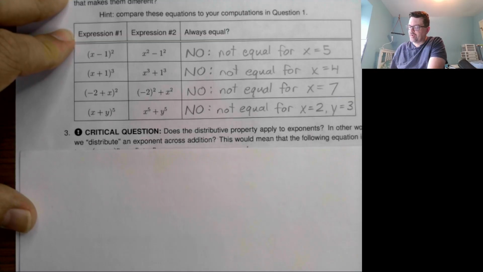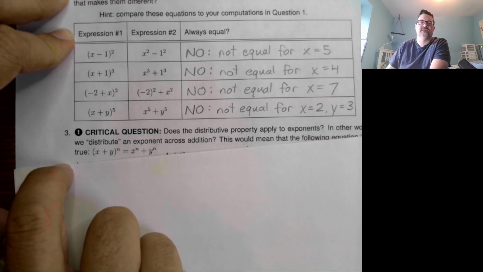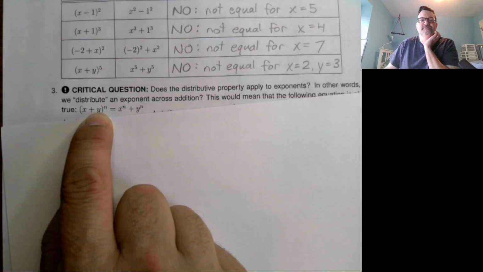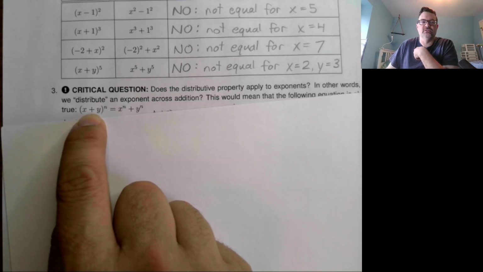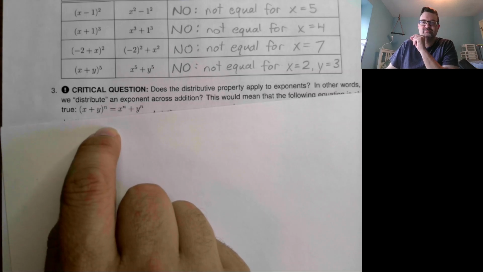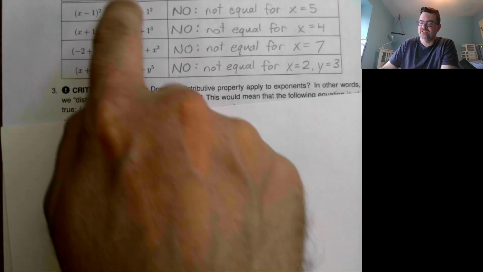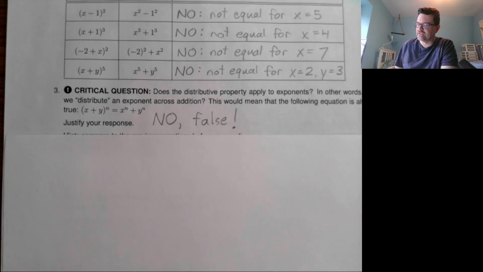All right, so the even broader question would be something like this equation. This would be a general distributive property for exponents, if it actually works. Can you go from this to this? That would be convenient and it would be simple, but that doesn't mean it works. In fact, these are all examples of this kind of thing where things definitely don't work.